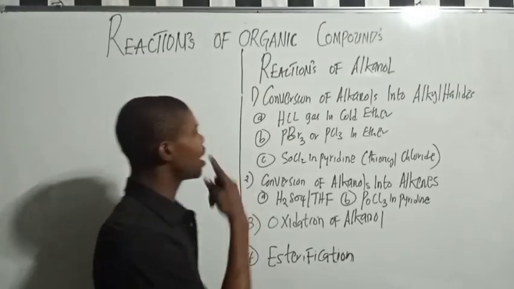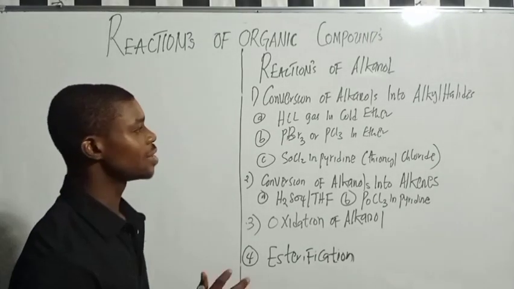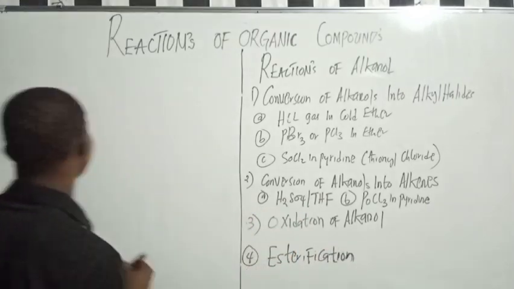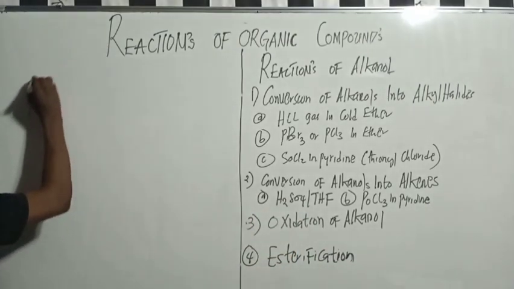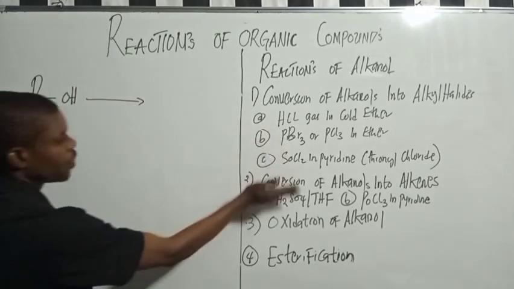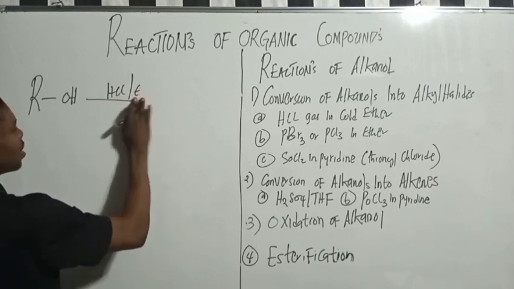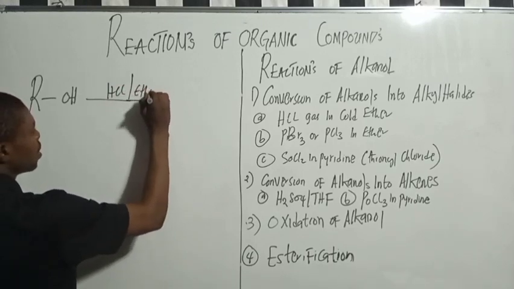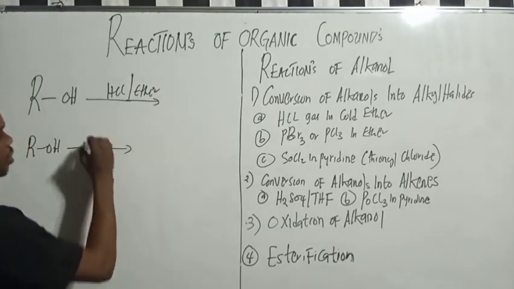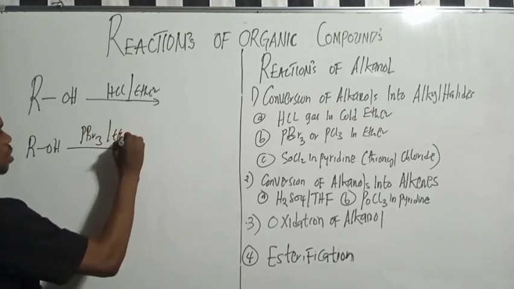and explain to you. So let me come to the first one here. Conversion of alkanol into alkyl halide. This is called a substitution reaction or displacement reaction. If, for example, you have an alcohol, this one is an alcohol, and you react it with any of these reagents, it can either be HCl in ether, or you have ROH with PBr3 in ether.